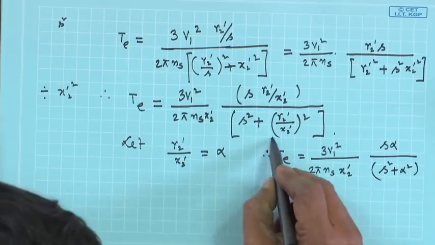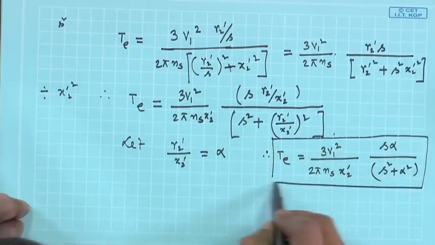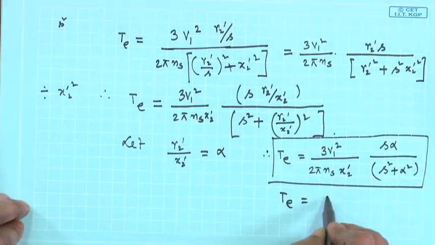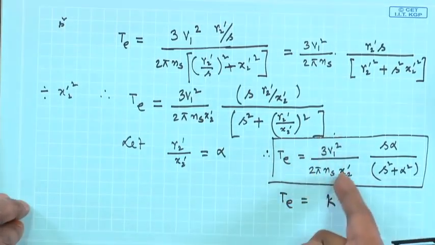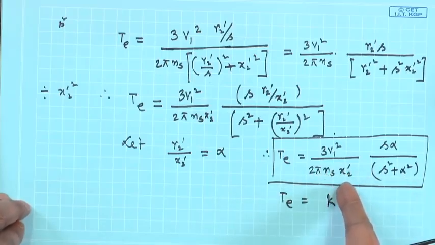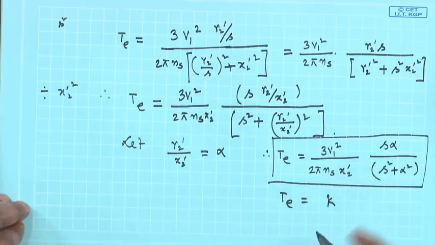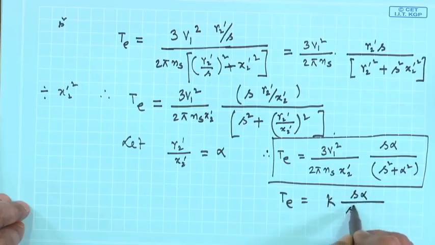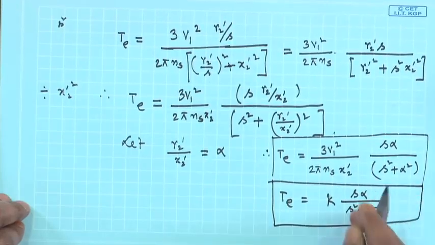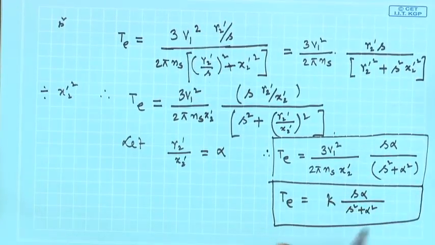Now, this is a formula which can be very easily remembered, and people write T is equal to some constant, independent of slip, since synchronous speed is constant, and X2 dashed, the standstill rotor leakage reactance referred to the stator, is constant. So, some k into S alpha divided by S squared plus alpha squared. No formula is simpler than this to remember.